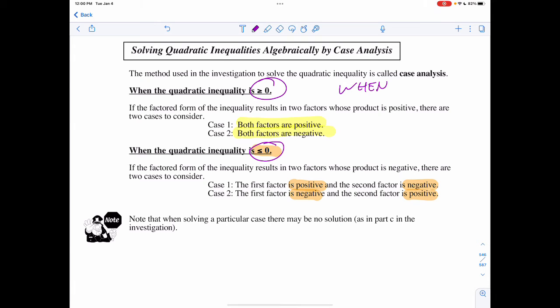when a, or x squared, because it's just your coefficient of x squared, is positive.